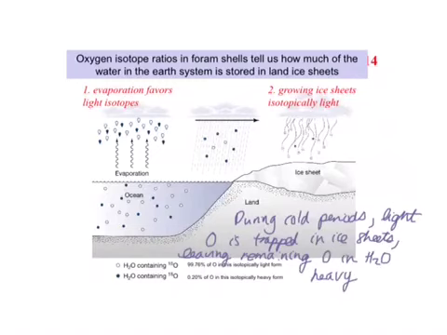And it's those heavy isotopes that are not trapped in the ice sheets that are preserved in the rock record. So heavy isotopes in rock record means cold conditions.